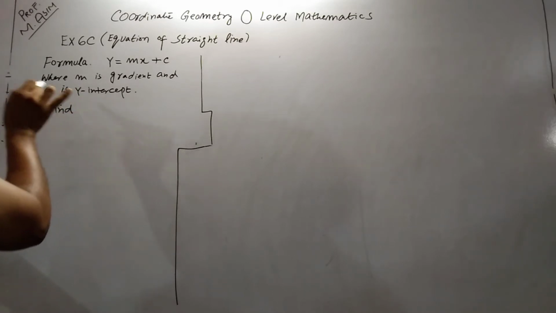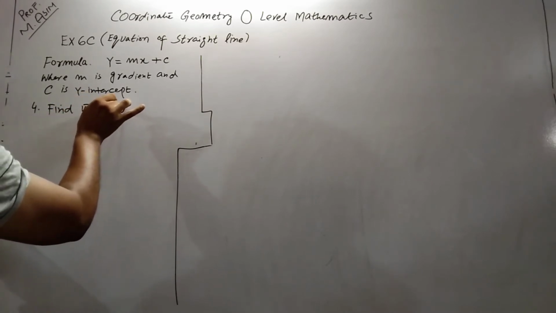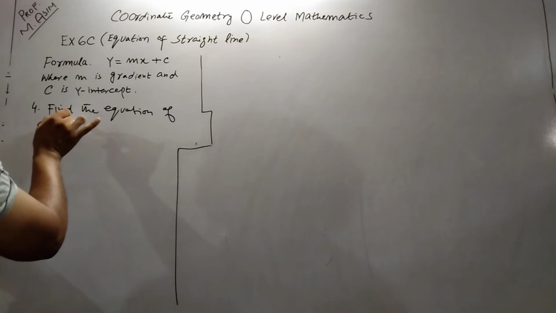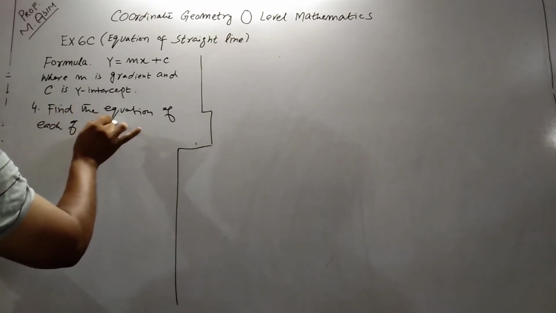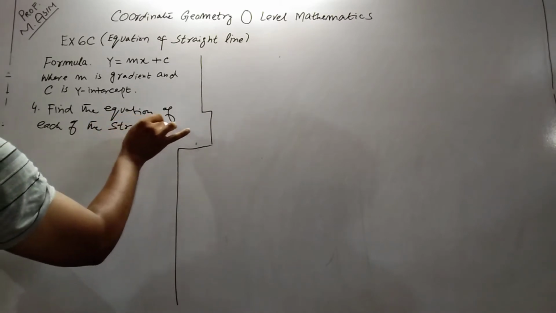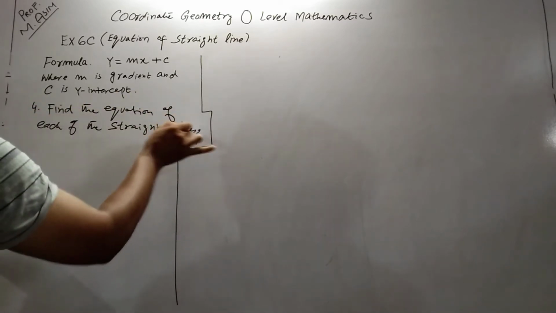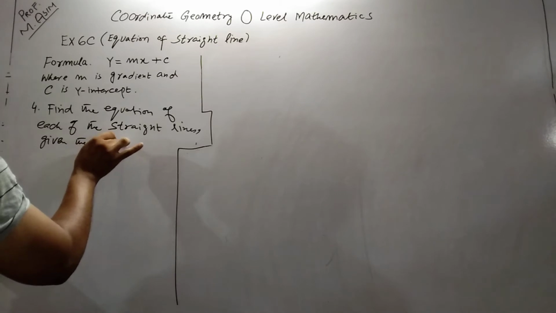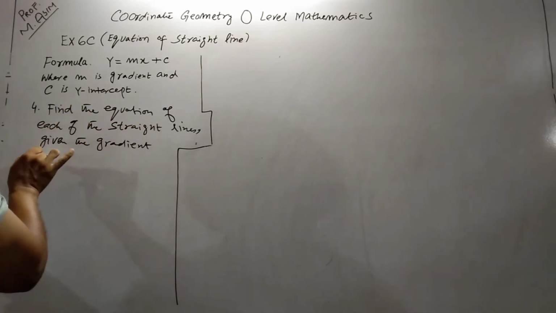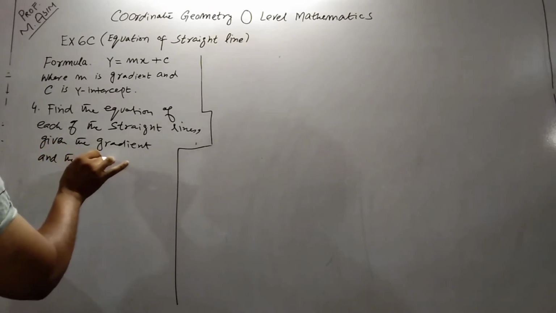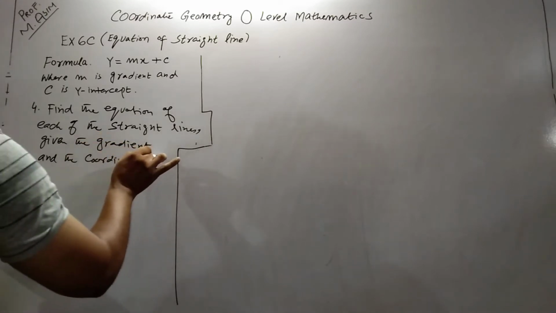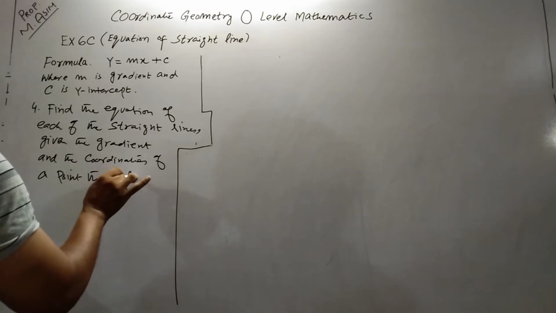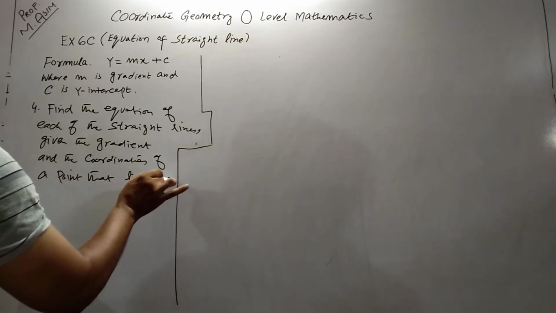Find the equation of each of the straight lines given the gradient and the coordinates of a point that lies on it.